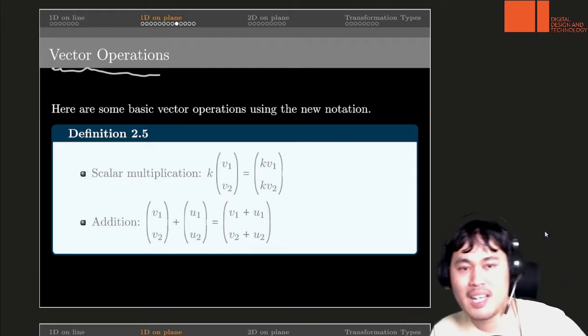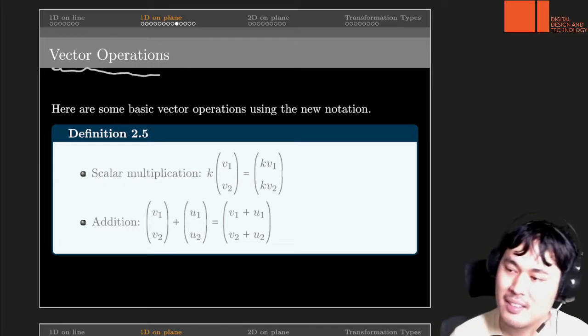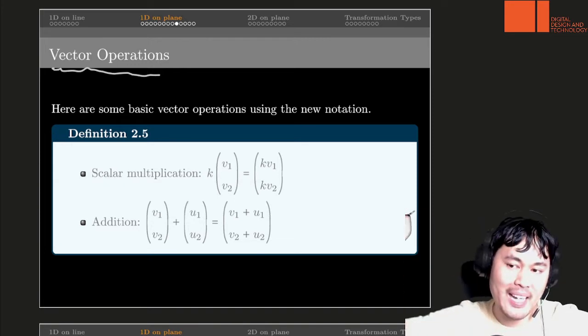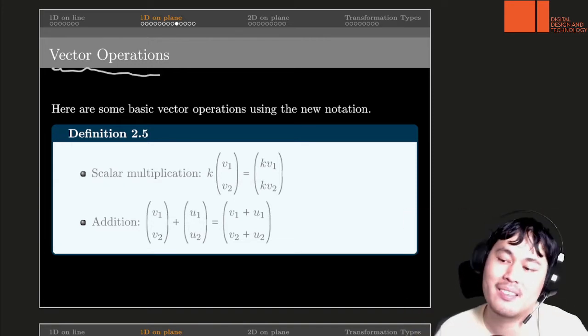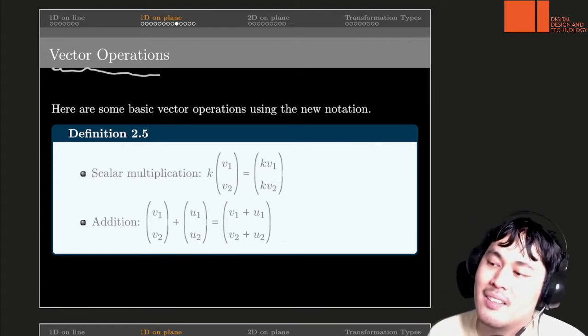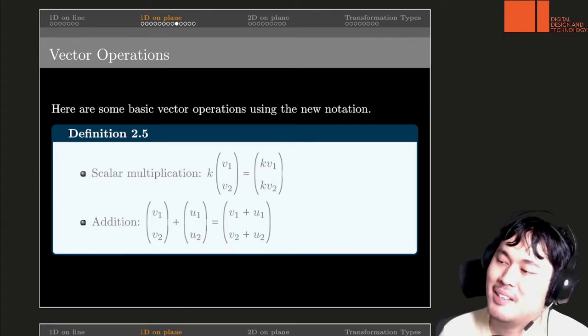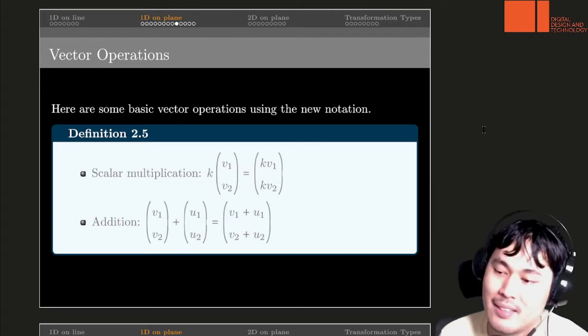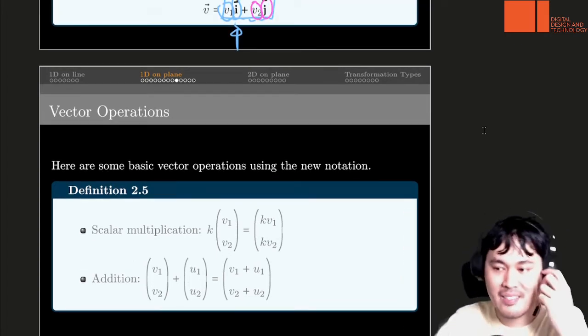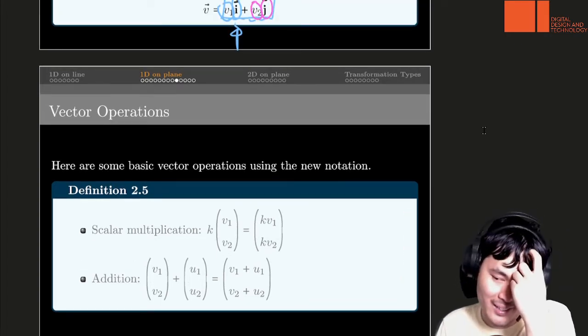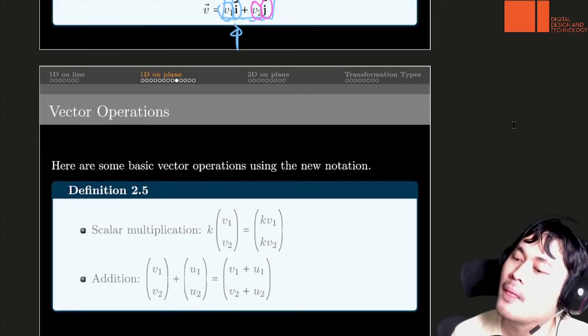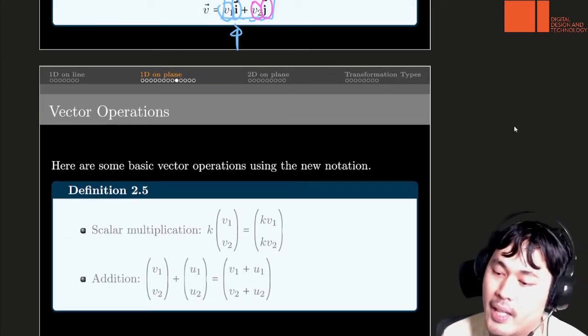Can we multiply? Can we divide? Can we subtract? Can we flip? Can we break it apart? Can we combine things? Lots of things you can think of. But the basic ones that we use in this class, and actually anywhere you see vectors, these are what you're gonna see.